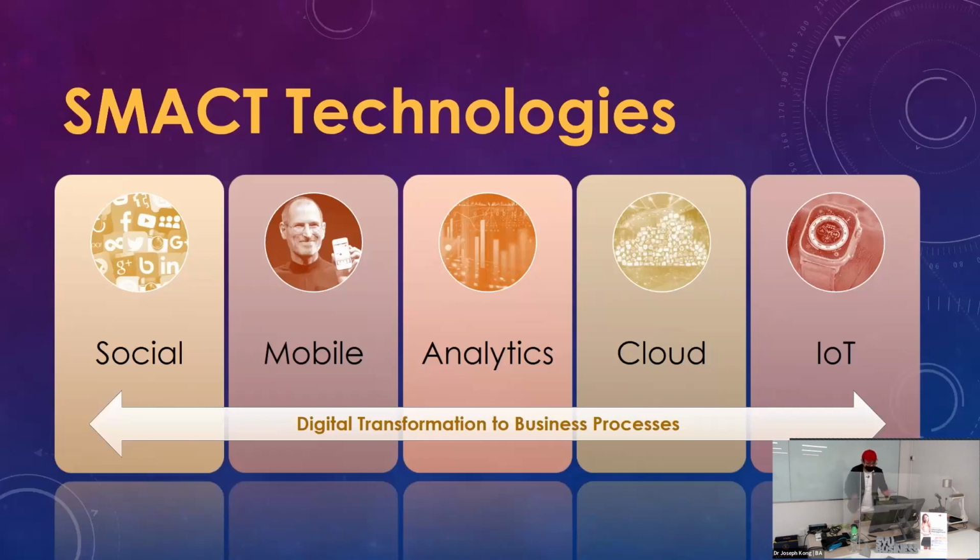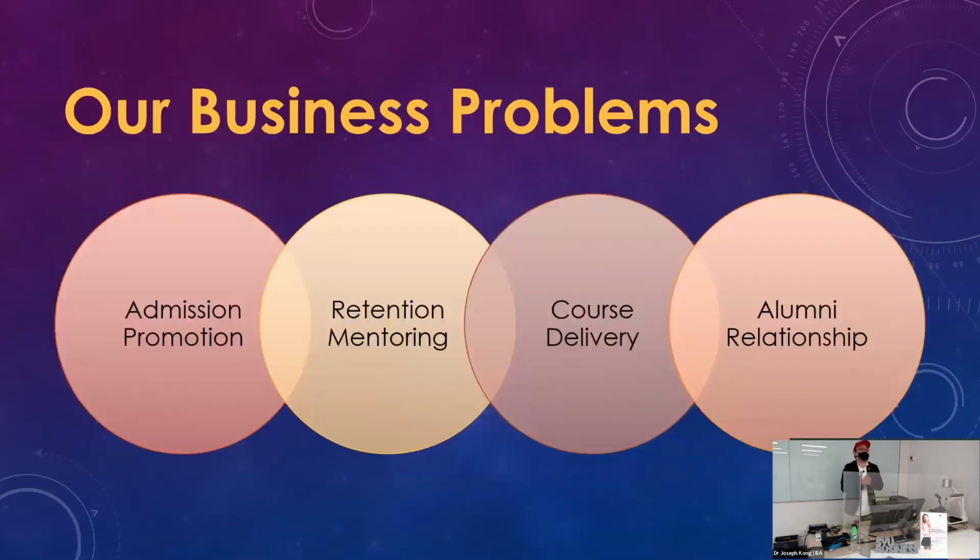So how do we apply these technologies to transform education? First of all, we need to ask what the business problems are if we look at education as an industry. Very likely, we talk about these 4 things. Mainly, we do admission promotion. You want more customers.